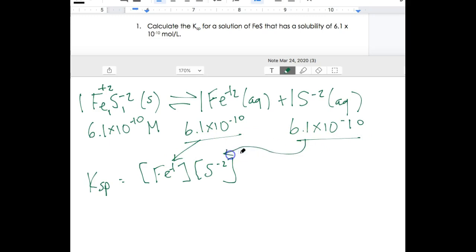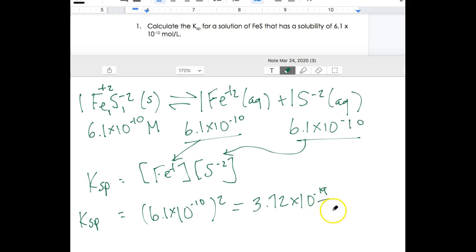Because it's the same concentration, we could just put 6.1 times 10 to the -10 squared because we're multiplying by the same number. Or you could also just put 6.1 times 10 to the -10 times 6.1 times 10 to the -10. You'll get the same answer. So I'm going to do it this way. And I end up getting 3.72 times 10 to the -19.